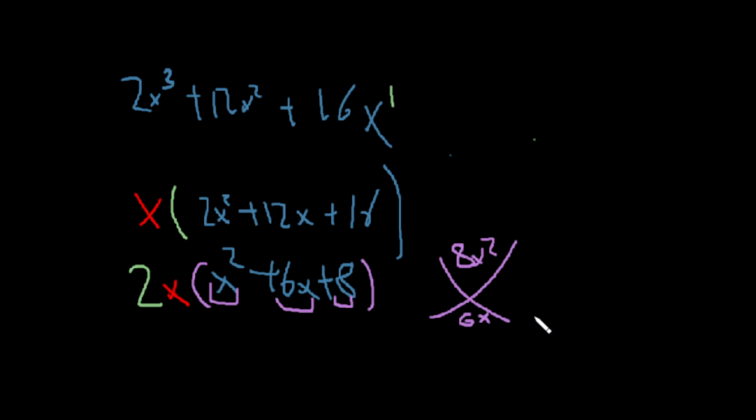This is what we're going to use to factor. So this is multiplying, and this is addition. These two numbers need to add up to 6 while multiplying to 8. And the answer to that would be 4x and 2x. Because 4x times 2x is 8x squared, and 4x plus 2x is 6x.